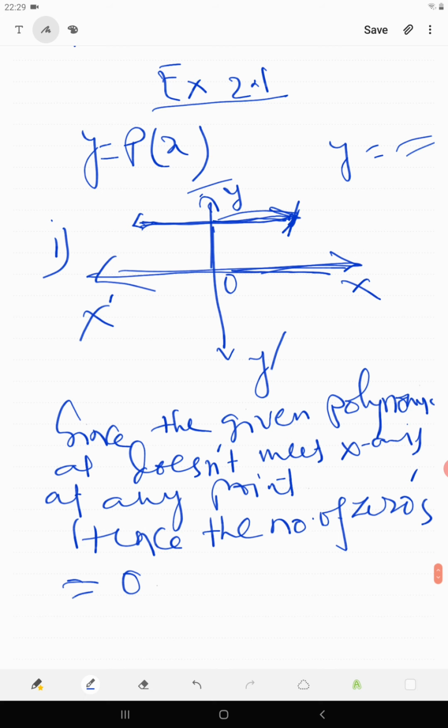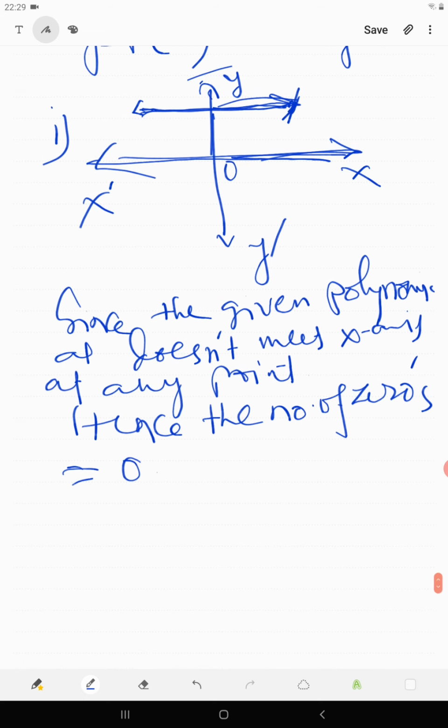As simple as that. At how many points it meets the x-axis, that many number of zeros will be the solution for the polynomial. Okay. Now let's take the example of the second graph.